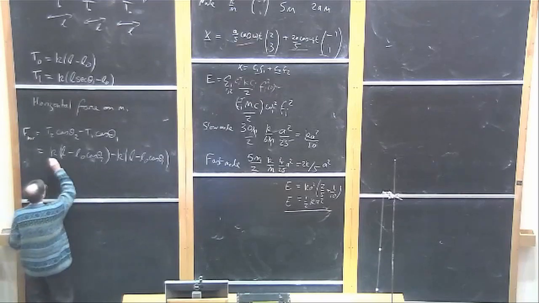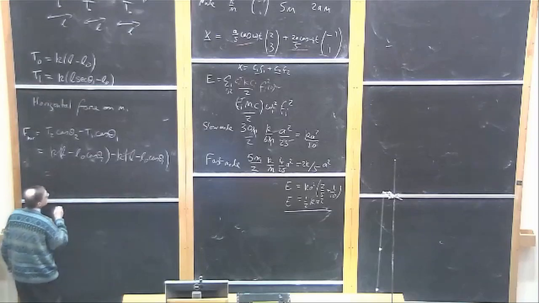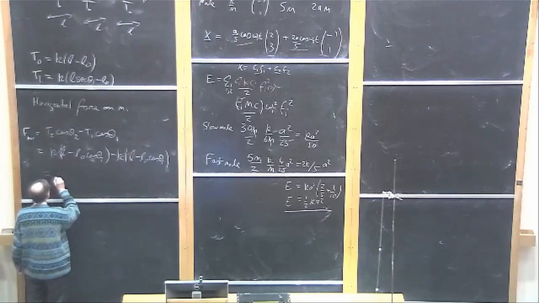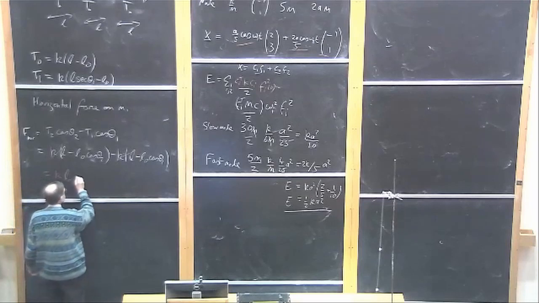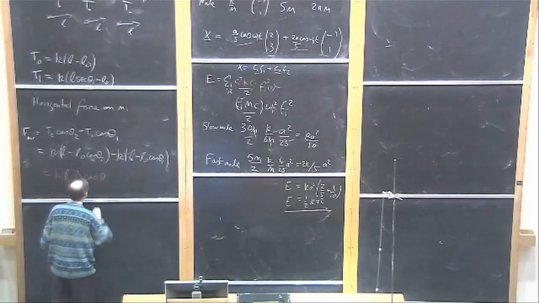And so that actually cancels that. And so we're just left with K L0 delta cos theta.